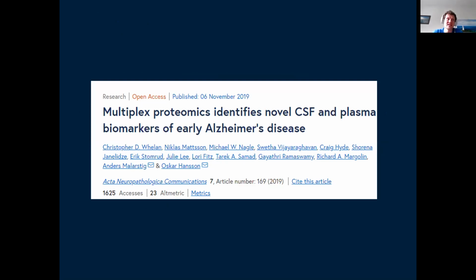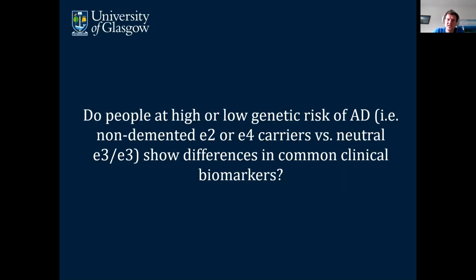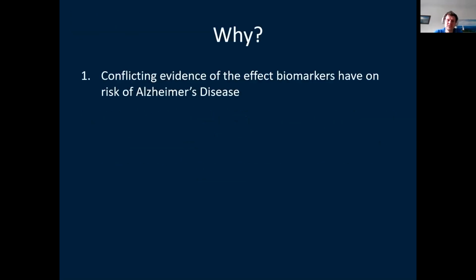The best one to date still only matches the predictive value of ApoE4 in terms of Alzheimer's disease. And there's a huge amount of interest in whether there are biomarkers for Alzheimer's disease, which is relatively self-explanatory. So we asked, in the whole UK Biobank sample of around 500,000 people, are there differences in circulating blood biomarkers in people with ApoE4 or ApoE2 genotype who are at theoretically high risk of Alzheimer's disease but haven't developed it yet?